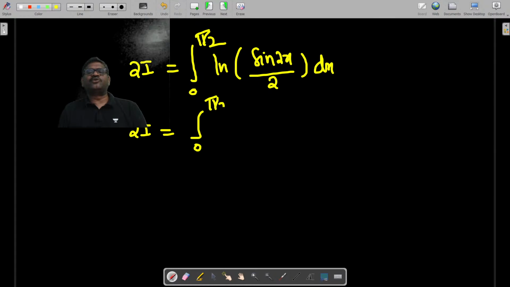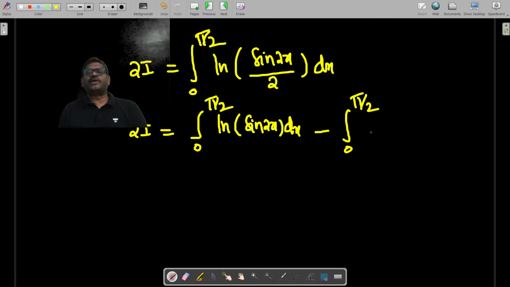2I equal to integral 0 to pi by 2 log sin 2x dx minus integral 0 to pi by 2 log 2 dx.